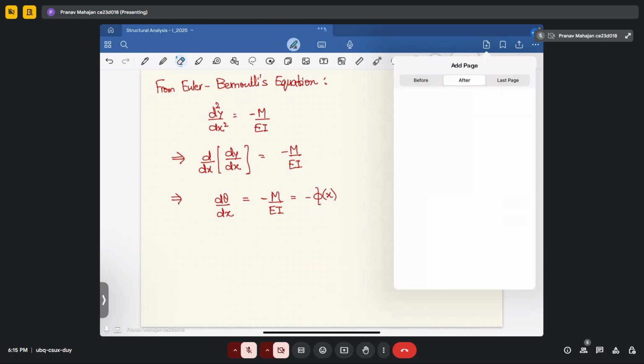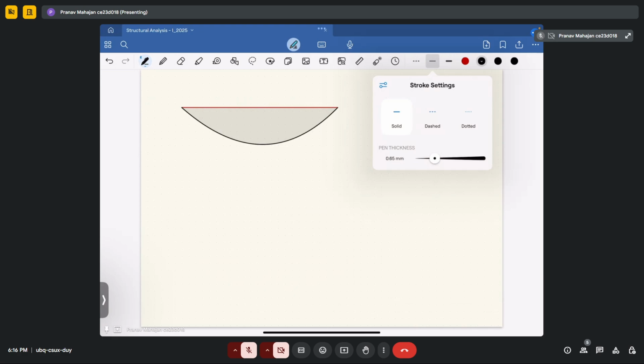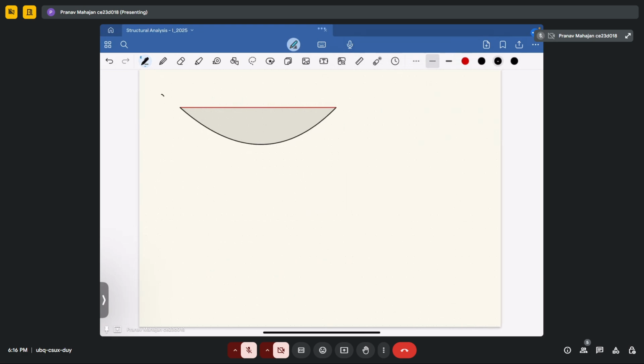So if I again draw the deflection profile of this beam, suppose this is your beam and it is deflected like this, and in this case if you draw the tangents, this is your first tangent from A, or you can say the slope line of A, and this is your slope line from B.